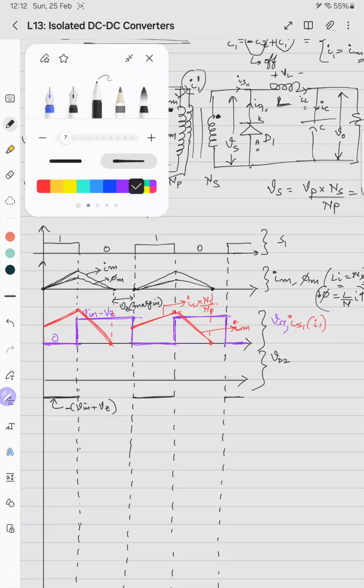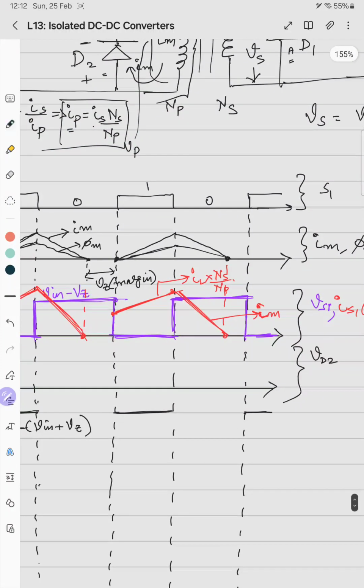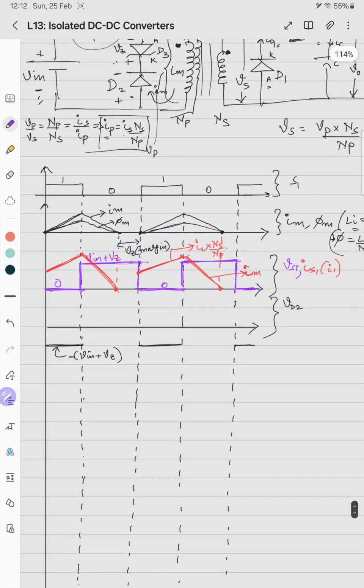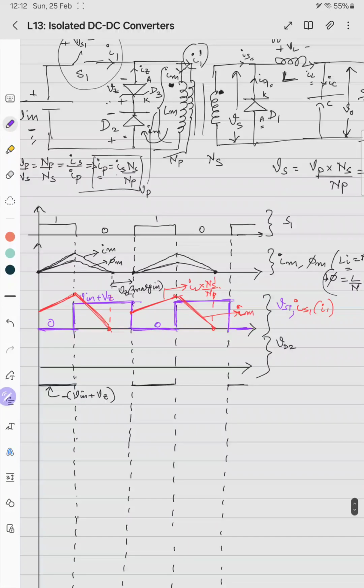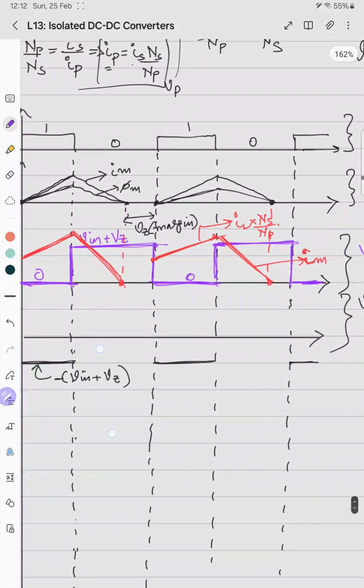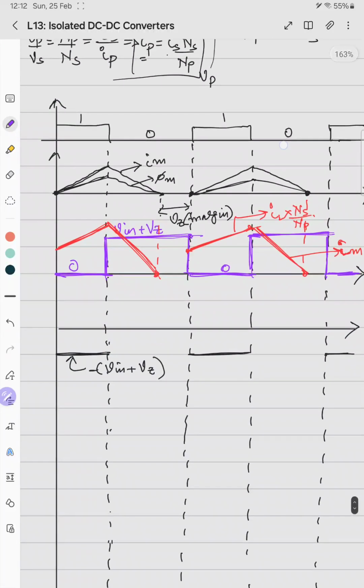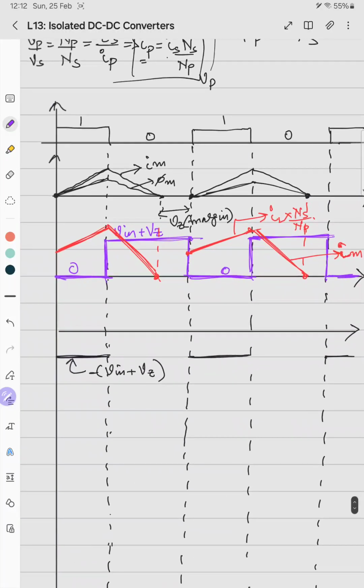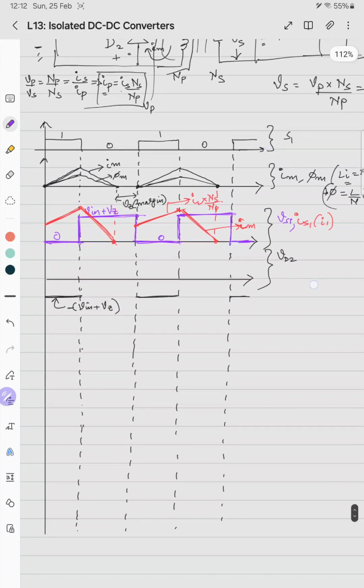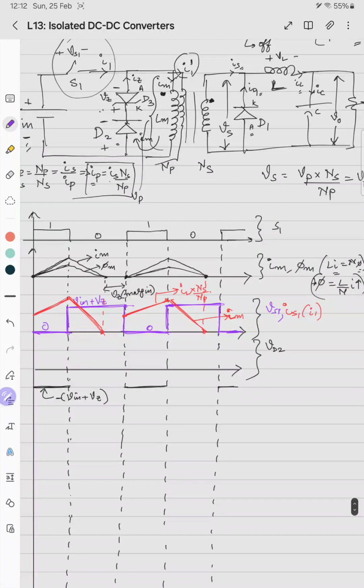Oh, I made a mistake. It will be Vin plus Vz in this case. Vin plus Vz, and here it is 0 during off time. So what we saw is that the voltage Vin plus Vz appears across the switch in positive polarity when the switch is off, and the same voltage appears across the diode D2 as a negative term because the diode is reverse biased during the on time.